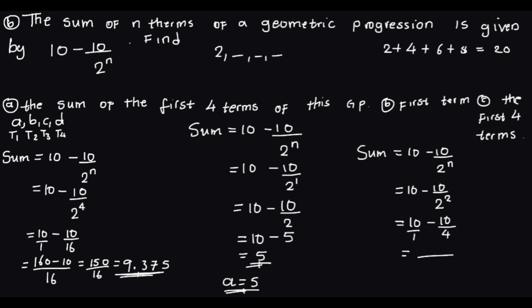So lowest common denominator, that is 4. 1 into 4 is 4 times 10, 40. Minus 4 into 4 is 1 times 10, that is 10. So 40 minus 10 is 30 over 4. So if we divide 30 by 4, we are going to get 7.5.